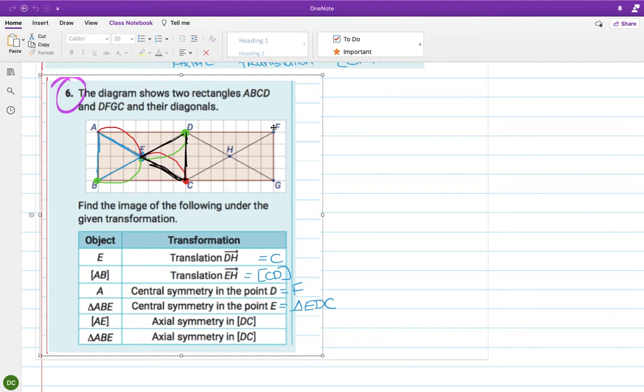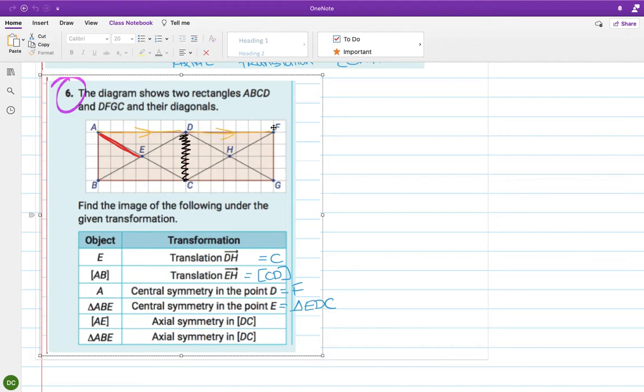Next. AE. Where's AE? AE is here. Axial symmetry in DC. DC here is the mirror. So what's the mirror image? Basically you have to move A, here's A, to the mirror, and then the same distance the other side.